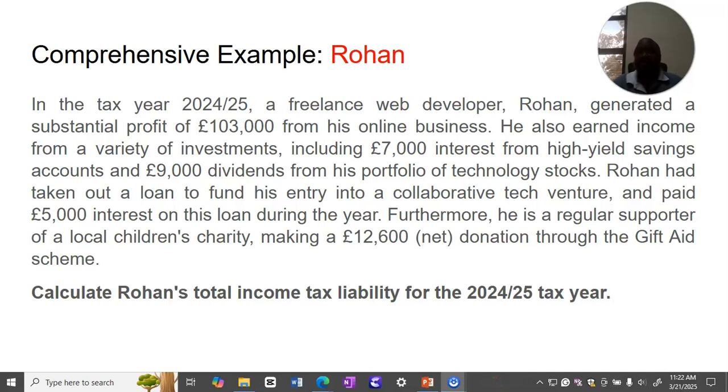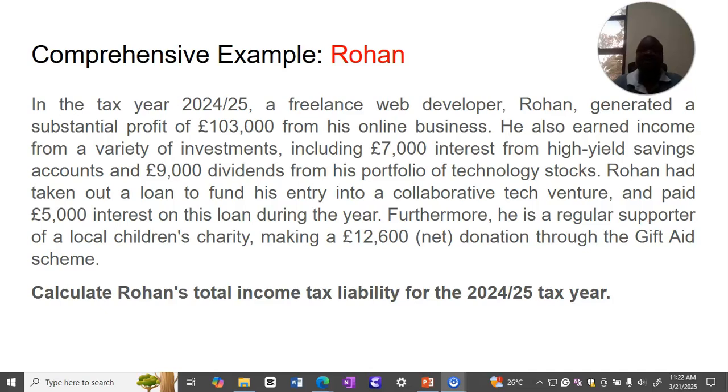So let us break down the question first before we move on to the pro forma. Let us identify the incomes, because tax is going to be charged on the incomes. It is only going to be reduced on certain qualifying expenses. Not every expense is going to reduce the tax, but if it qualifies.